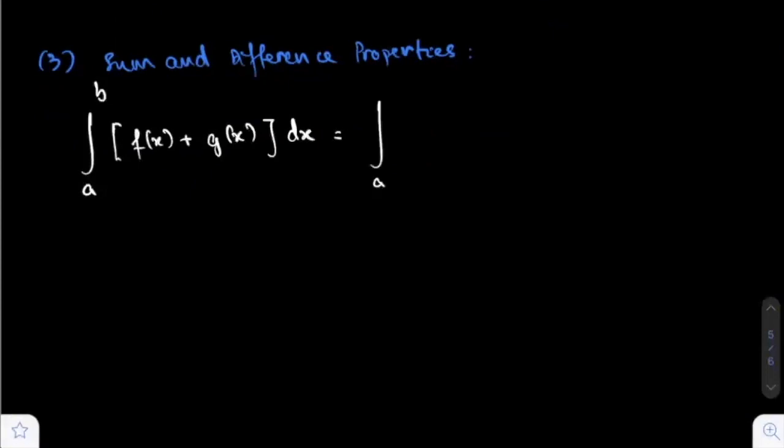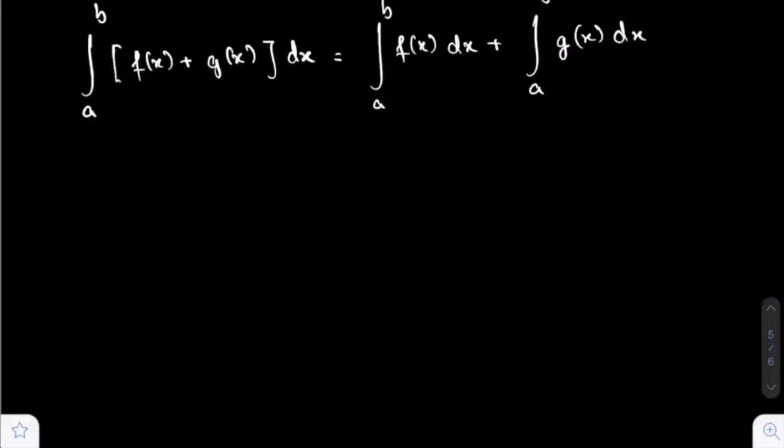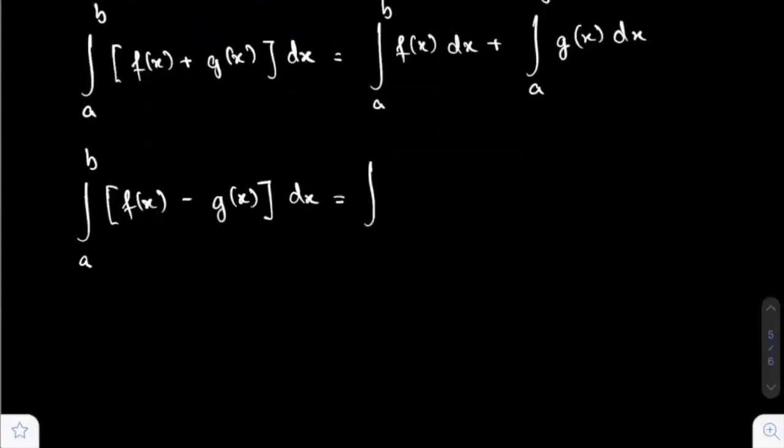This gives me the integral from a to b of f of x dx plus the integral from a to b of g of x dx. And you can do the same for the difference, right? Integral of a difference is the difference of the integrals. So from a to b of f of x minus g of x dx is equal to the integral from a to b of f of x dx minus the integral from a to b of g of x dx.